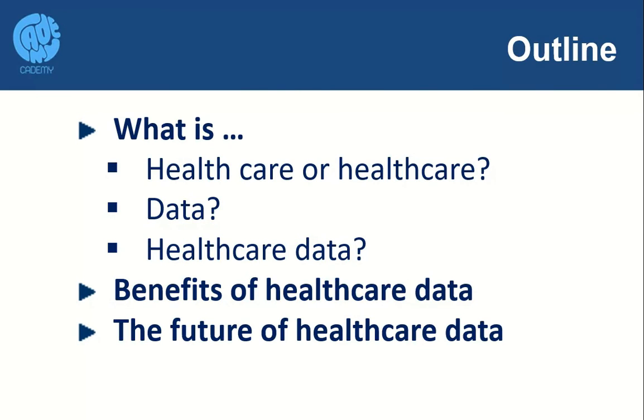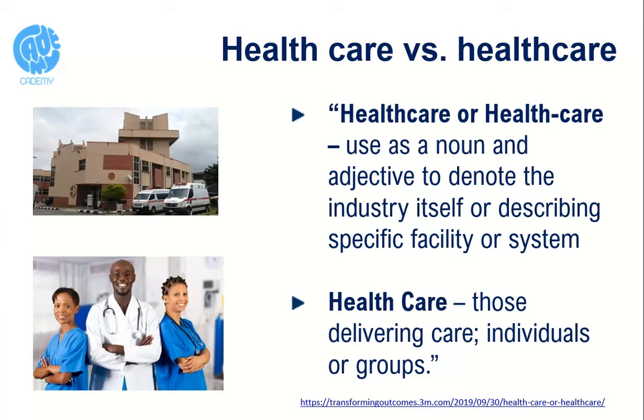and then give us an insight into what the future holds in healthcare data. Now, I felt it's important for us to look at these words. They appear often, and we see them, and we could just be careless about it. It's important for us to be well informed what it means. Now, when you find the word healthcare jointly or hyphenated, it actually refers to the entire healthcare industry itself, or is describing a specified facility where this healthcare takes place, or a system of healthcare delivery.